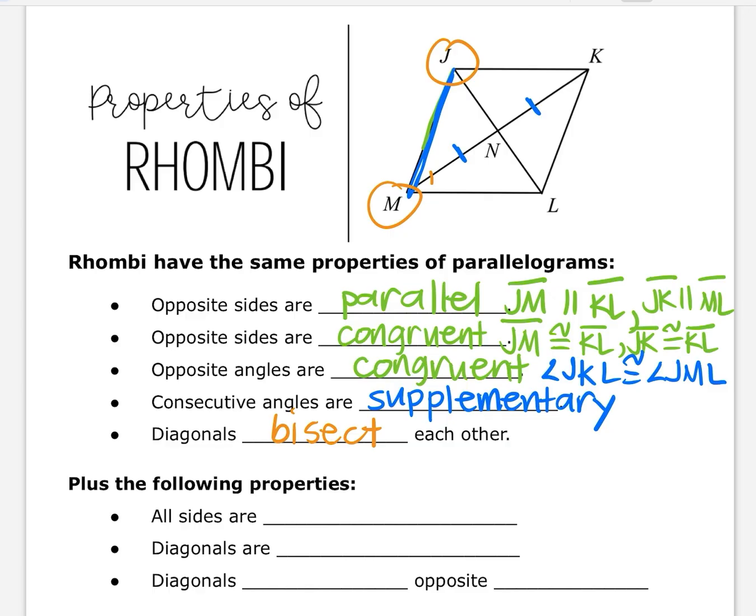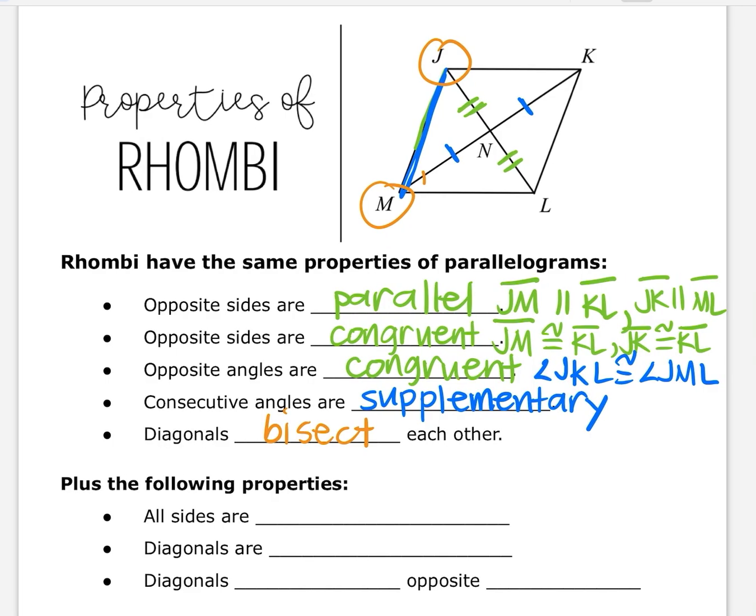And this part of the diagonal would also be equal to this part of the diagonal. They bisect each other. Bisect simply means something is divided equally. In this case, the diagonals divide each other equally.